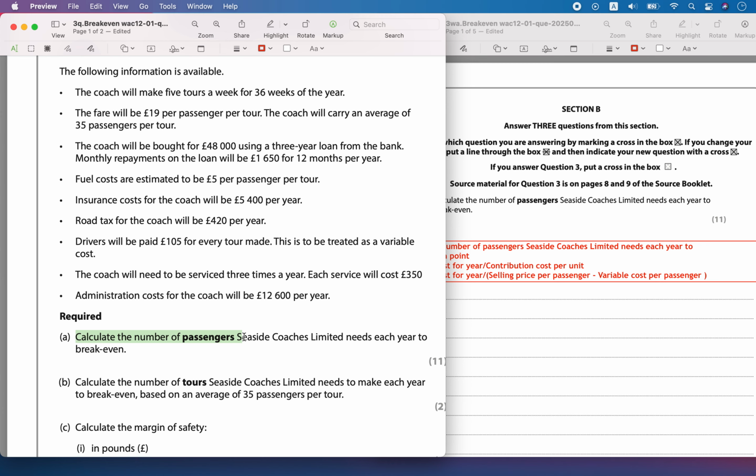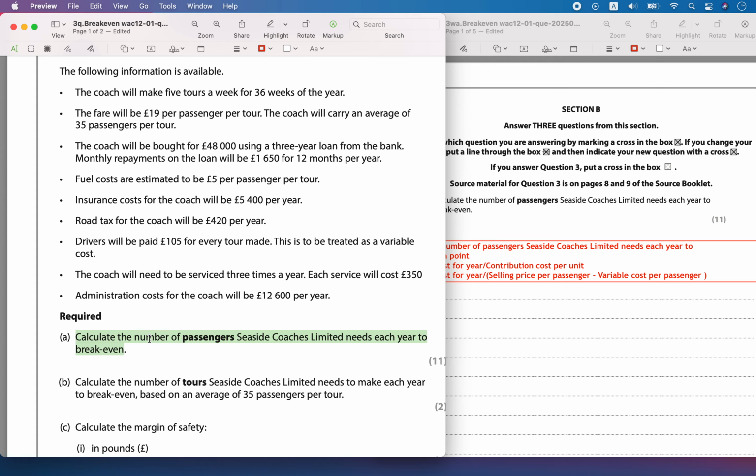Now the first part of the question is: calculate the number of passengers Seaside Coaches Limited needs to carry each year to break even. So you have to calculate the number of passengers that need to be carried, so that if they carry more than the break-even passengers, they will make a profit.